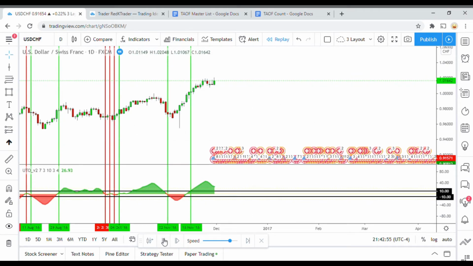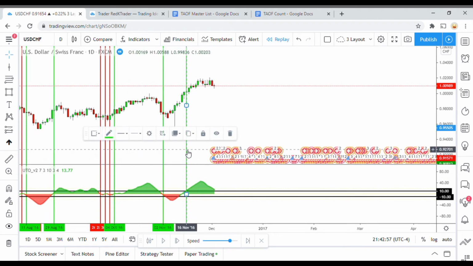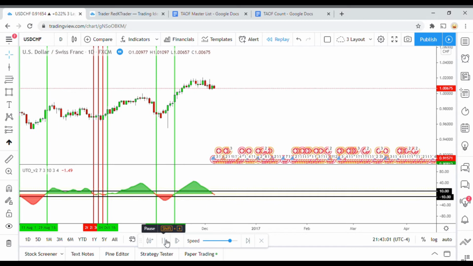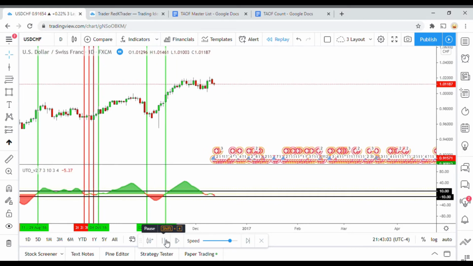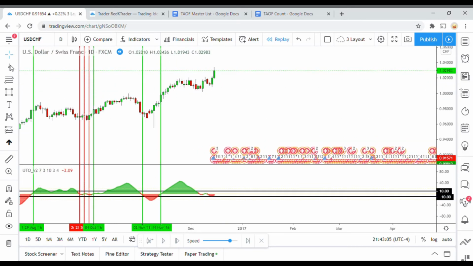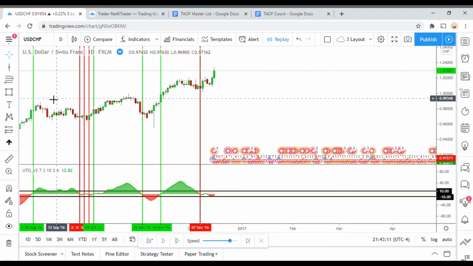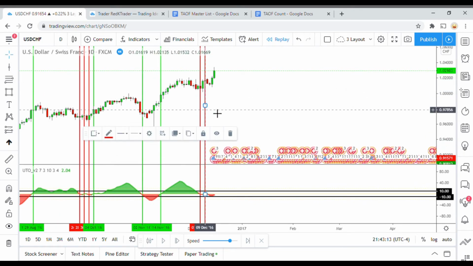Nearing the end of the year now. Let's see what it does. Gives us a short for just a moment. Goes back into some range trading, choppiness, whipsawing us in and out.